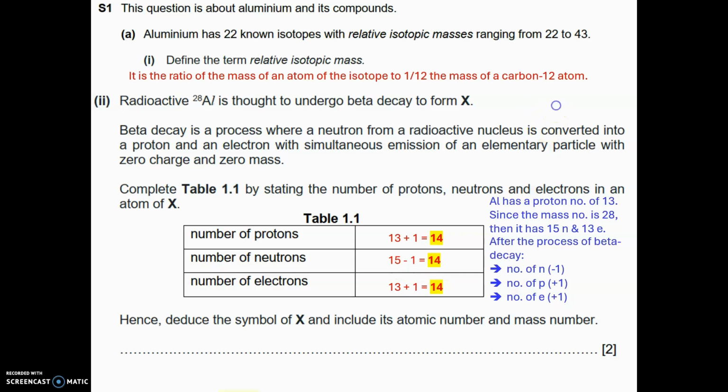Since the proton number of this nucleus is now 14, it is a silicon atom, and the mass number would be 14 plus 14, which is the number of protons plus number of neutrons, which is 28. So the symbol would be 28 14 Si.